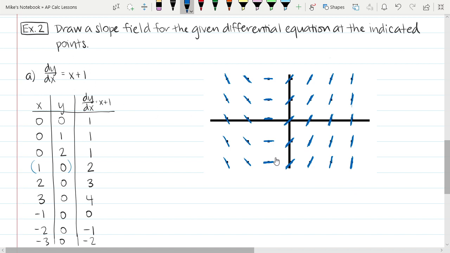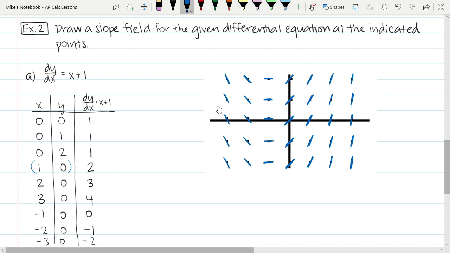Now remember, I said that we are using this slope field to solve a differential equation. We're supposed to find what function we would be able to find the derivative of that would make this equation true. And the idea is a slope field should be implying or indicating a particular function shape to you. If you look at this slope field, I certainly hope that it looks kind of like a parabola to you.